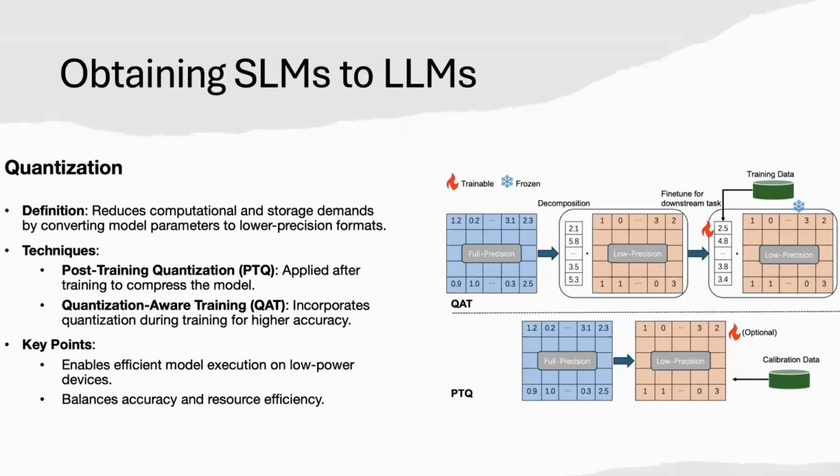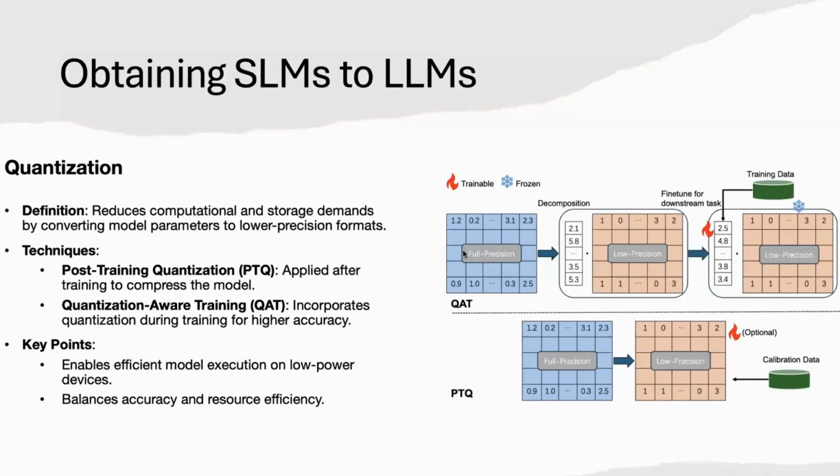Post training quantization is, okay, now you have a large language model which is already trained, completely trained, and this large language model has every parameter which is huge, like 1.2, 0.2, and everything. After training, you're just going and approximating it, 1.2 to 1, 0.2 to 0, and everything. Here, in quantization aware training, this entire thing is happening during the training.